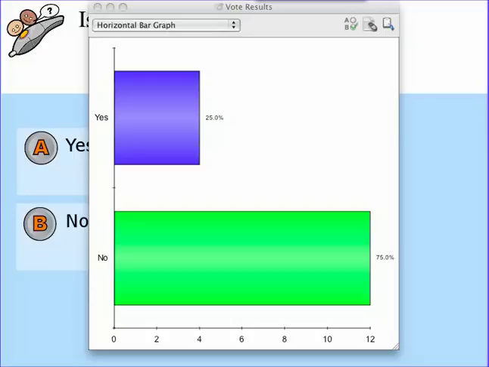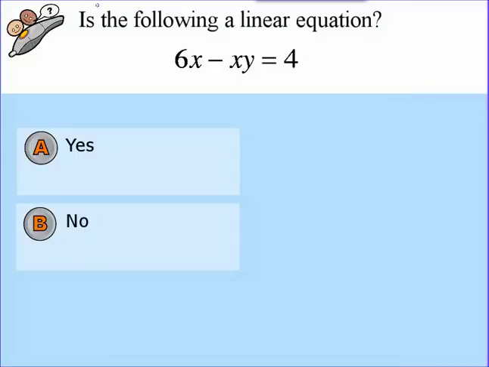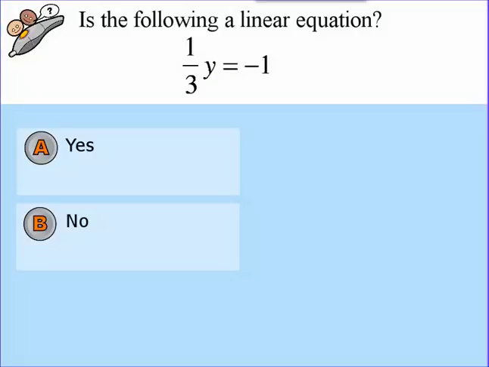Those of you that answered no, why did you answer no? That's an x and a y. If you remember, the equation of the line didn't have x times y. It had an x, it had a y, and it had a constant. So nothing like x times y. So that is not an equation of a line. Is that a linear equation?